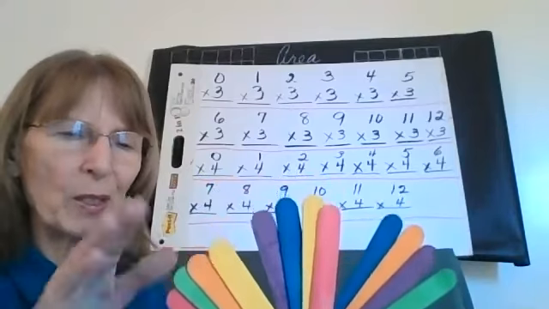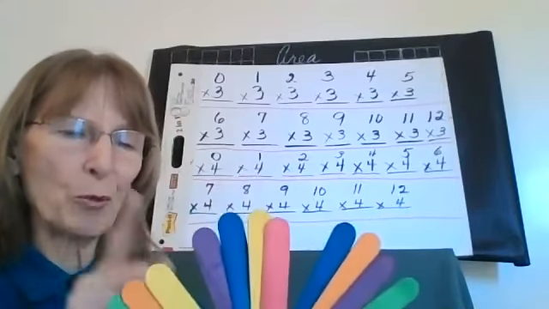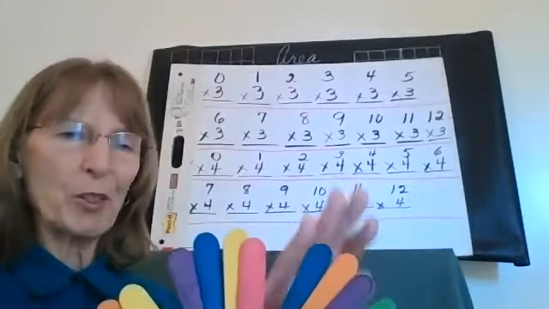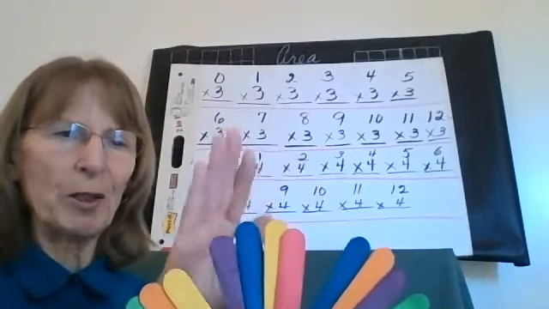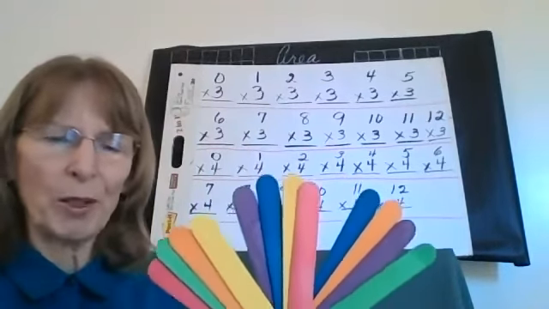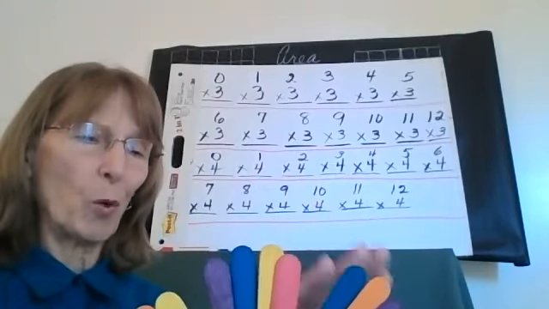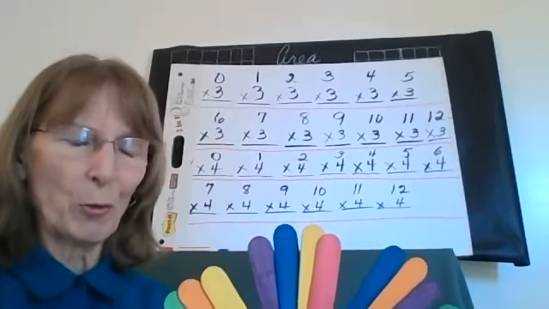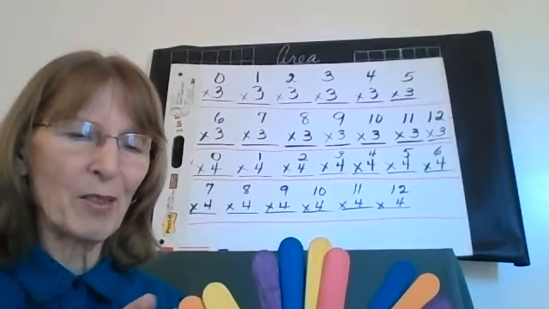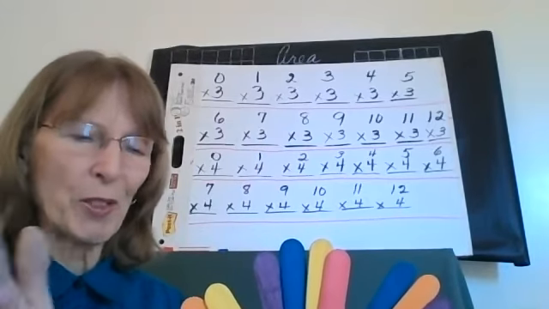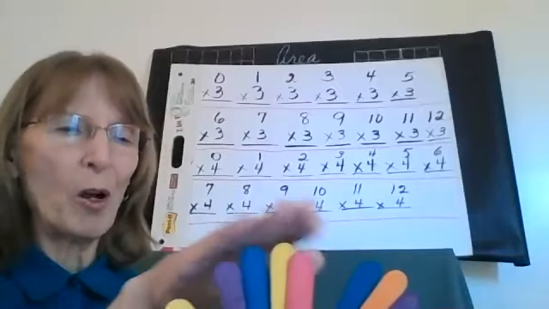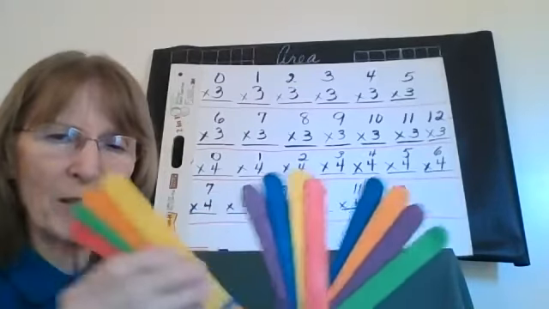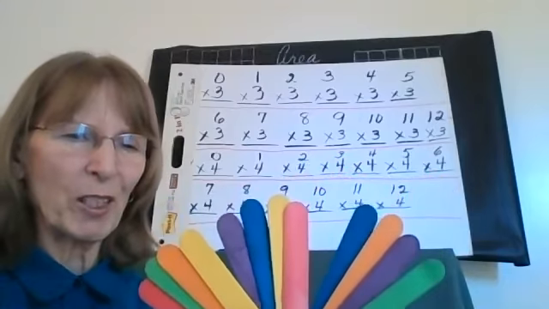So 1, 2, 3. How many groups? 1, 2, 3. Each group is a fraction of all 12. So this group is called 1/3, 1/3, 1/3. If I said it like this, 1/3, 2/3, 3/3. 3/3 means that there isn't anything missing, that all the parts are here. If I took one away, there'd be one missing. They're all here together.